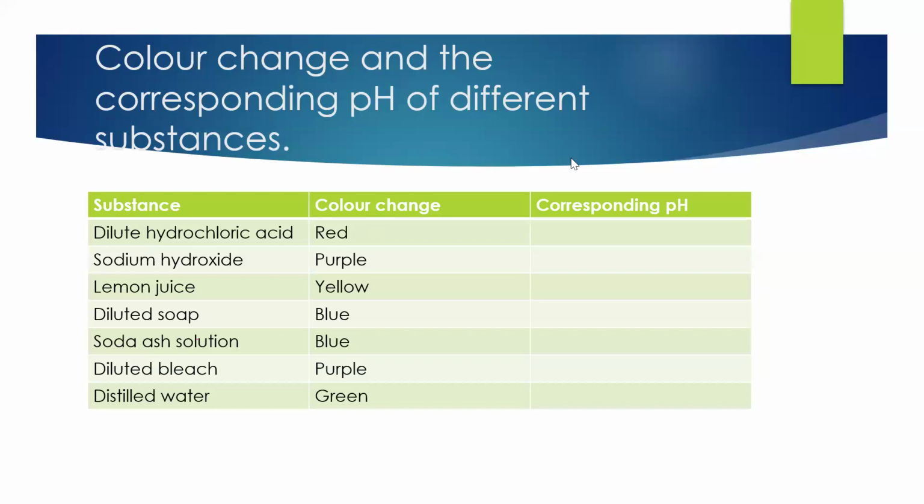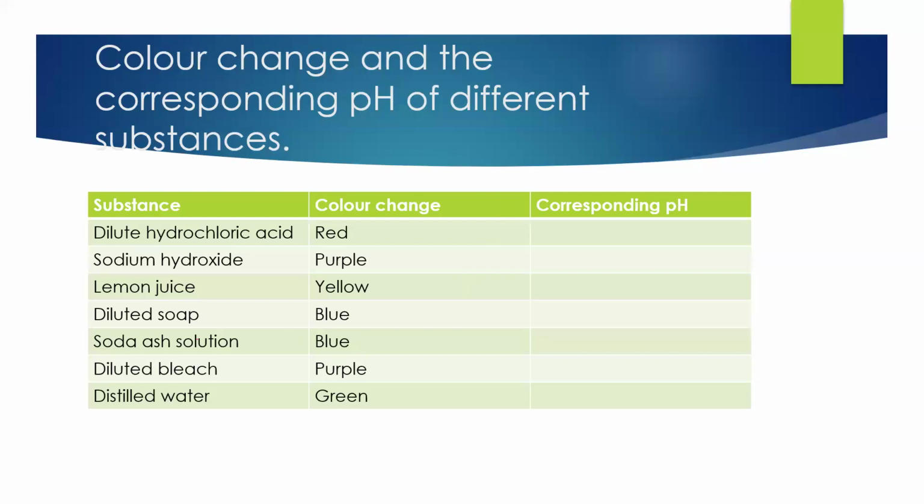Then we go to diluted soap. It's blue. Which pH value does it hold? Nora? 11. 11. Okay, I can see people in the chat are also texting in. Thank you. Then we have soda ash solution. It's blue still. It should hold the same pH value.